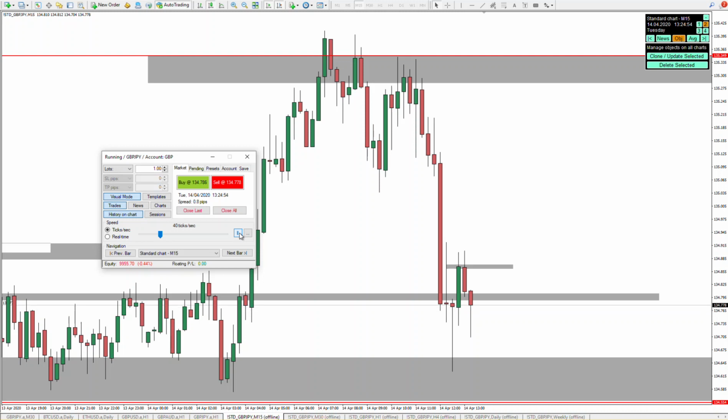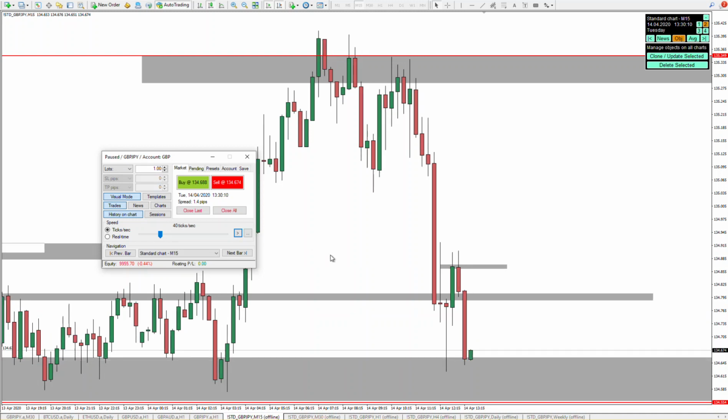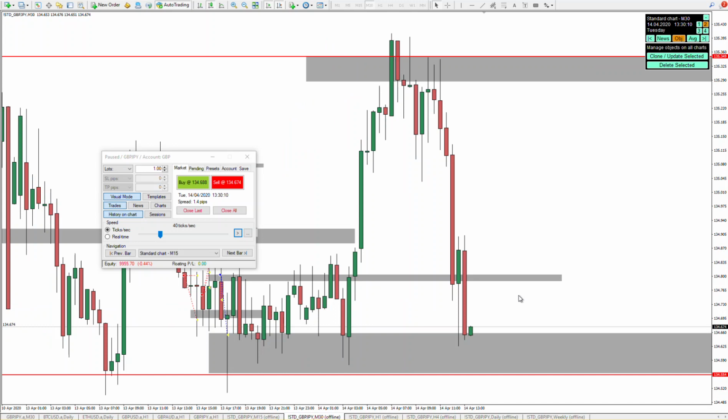See how the M30 closes. Okay, M30 closes strong bearish. At support. Can't do anything.